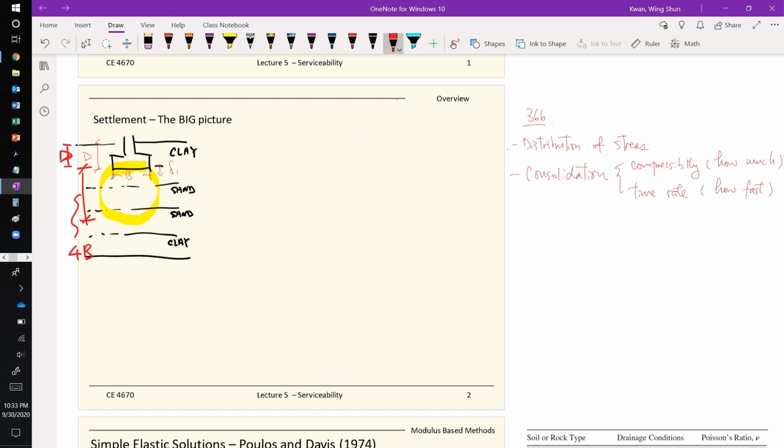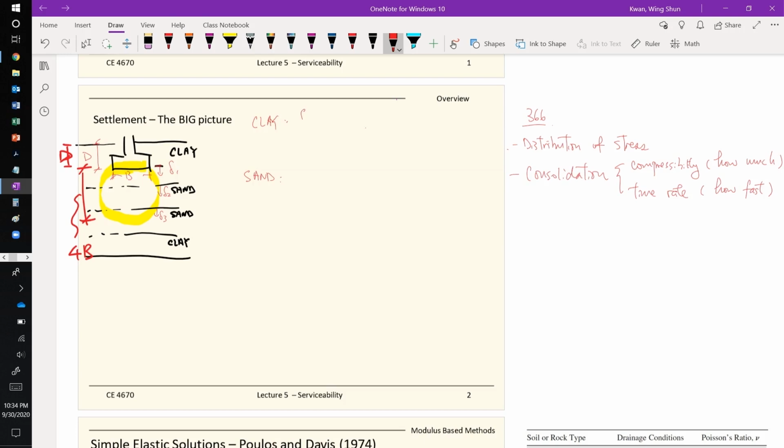You have deformations from the first clay layer, then deformations of the sand layer, and also deformations in the other layers underneath. So you want to find all the settlements for each layer based on the soil type, and the soil type matters. In our world, we have clay soils, and also we have sand soils.